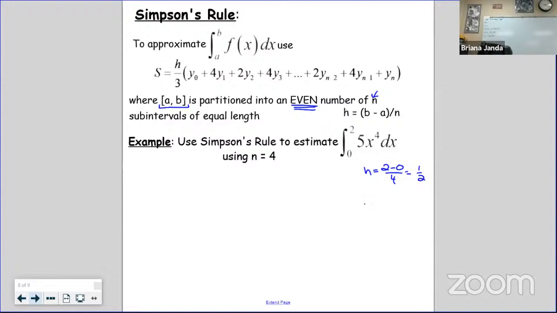Which means my function values, which they call y sub whatever, and my function is 5x to the 4th, would go from 0 to 2, adding 1/2 each time. So 0.5, 1, 1.5, and 2. And I'm going to plug each of those into 5x to the 4th. So for example, 0 here, 5, you guys are filling in the rest for me.